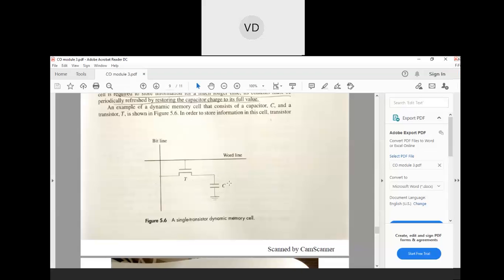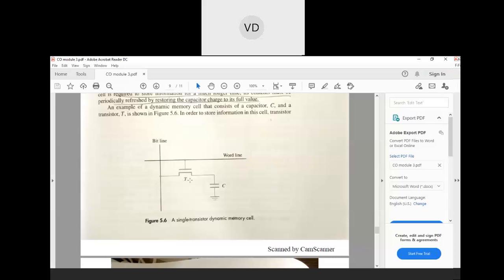If this capacitor is fully charged, then the data present in this cell will be retained. If the charge is discharging, then whatever data is there cannot be retained. This charge can be maintained when the transistor is on. How can this transistor be turned on? By applying voltage to the word line.